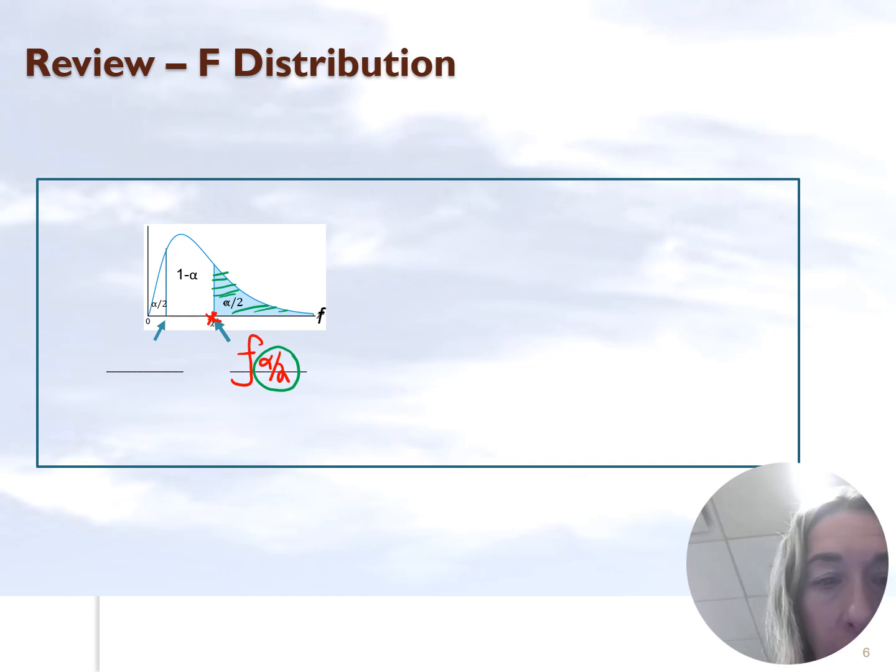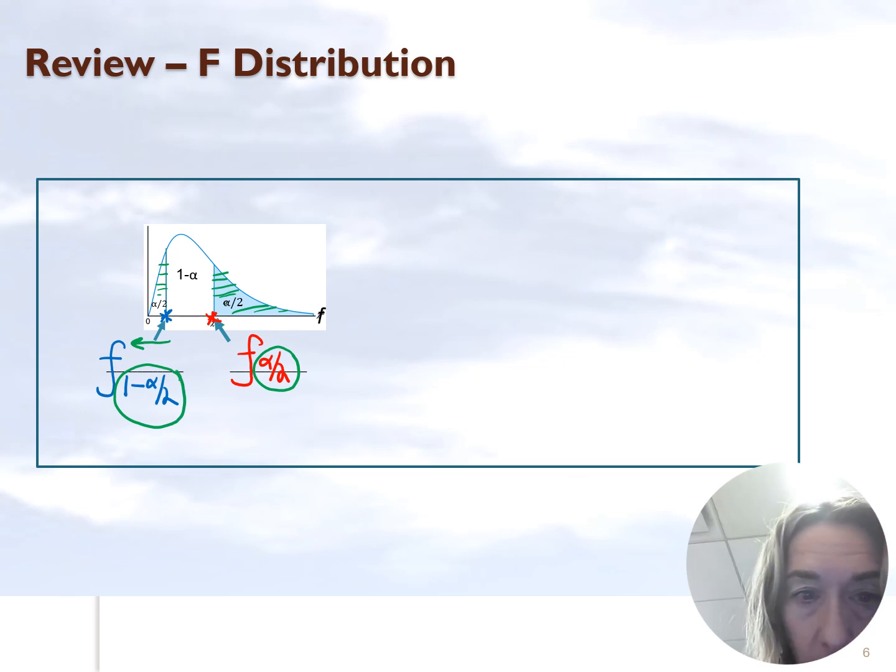Likewise, this particular critical value of F at that point along the x-axis should be labeled as F sub 1 minus alpha over 2, because it is shown as having alpha over 2 to the left of it under the curve. If it has alpha over 2 area to the left, it must have 1 minus alpha over 2 area to the right of it, because the total area under the F curve must equal 1.